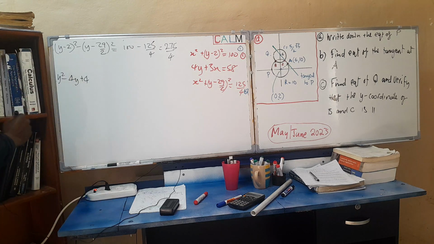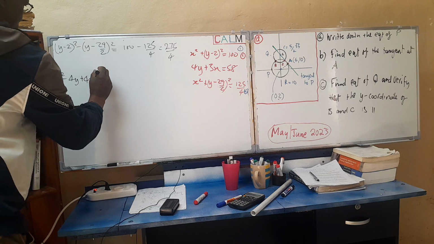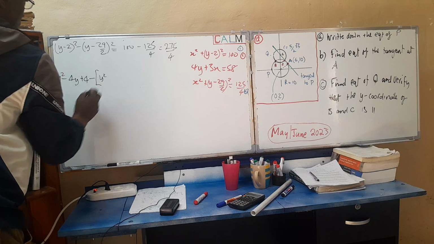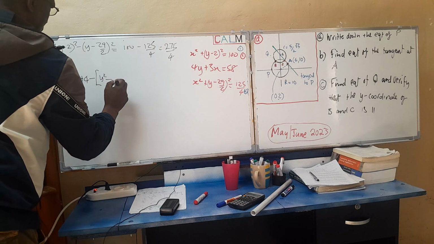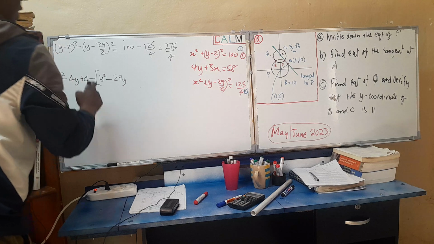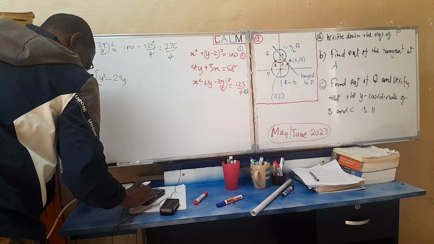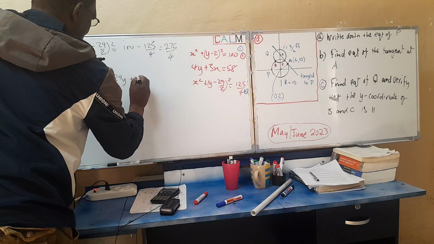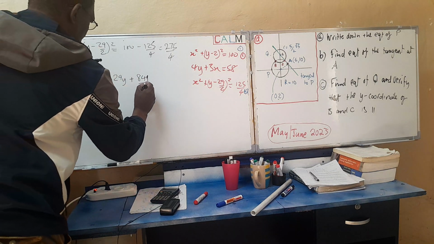And let's put this in brackets before we open it up: y squared minus 29y plus 29 squared, which is 841, divided by 2 squared, which is 4.